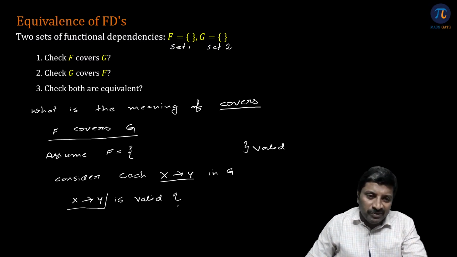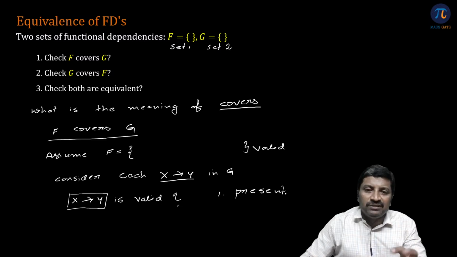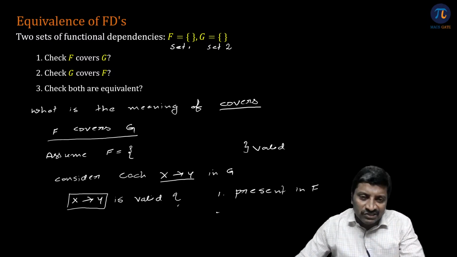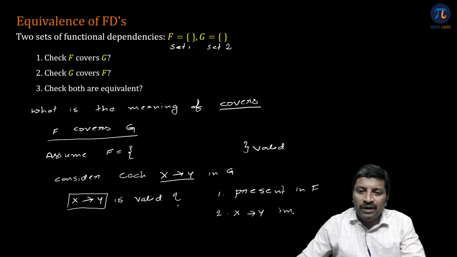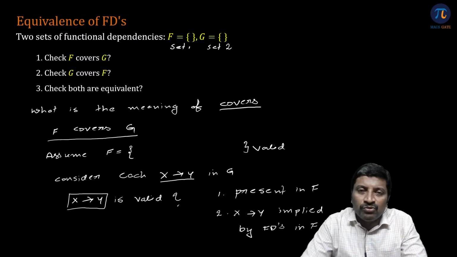So what is the meaning of valid? Either this functional dependency should be present in F. If it is present in F, that means F is already covering this functional dependency. Or the second one, it should be implied by FDs in F. In earlier sessions, we have seen how to find additional functional dependencies whenever we have a set of functional dependencies.